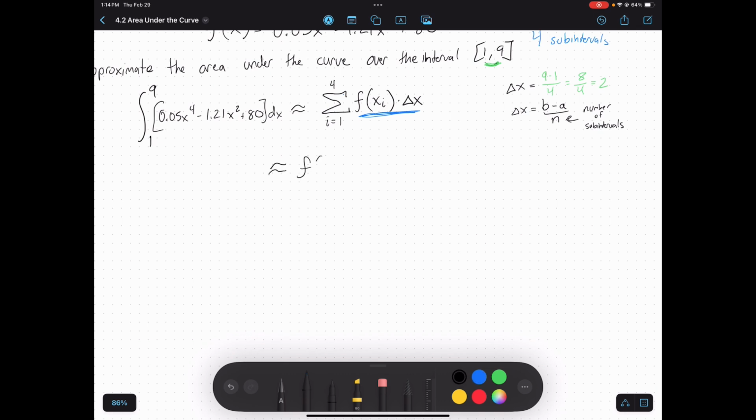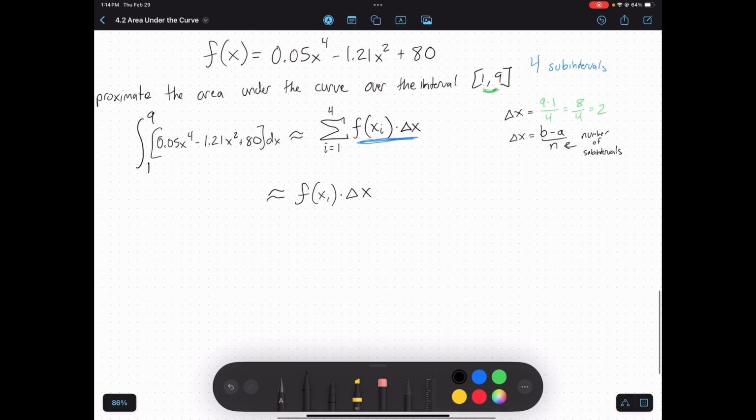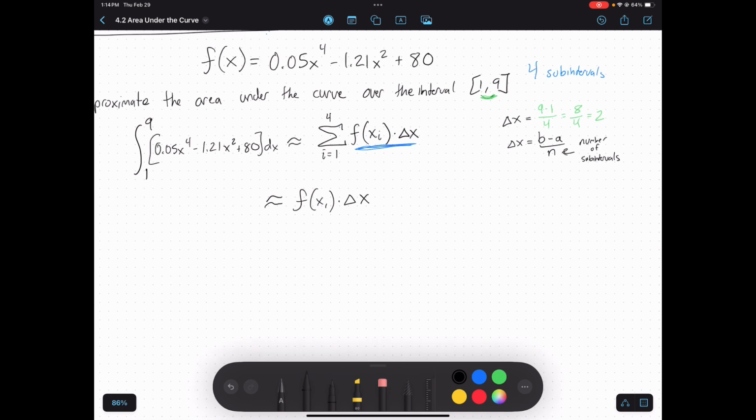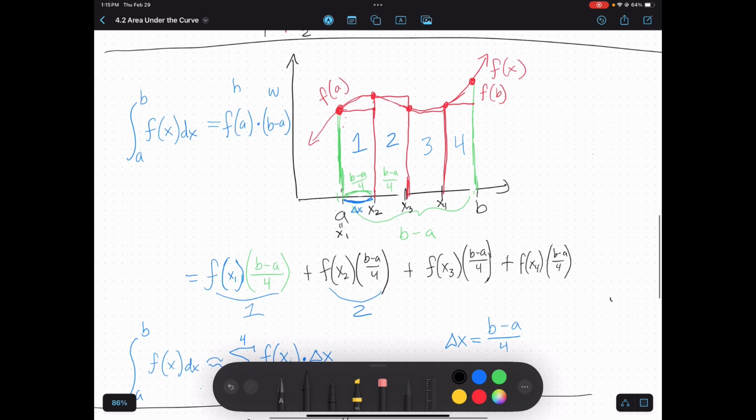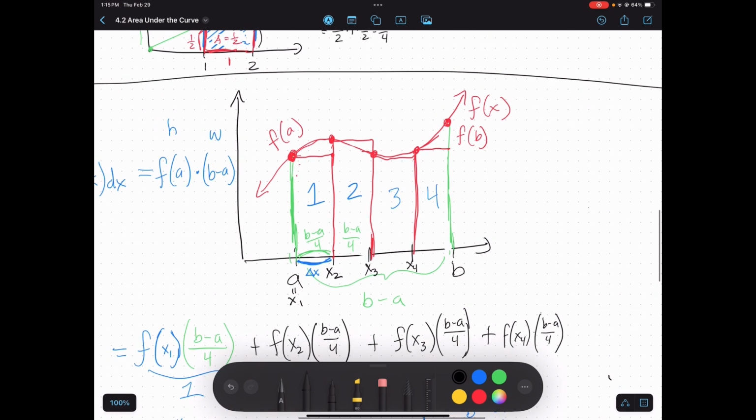So my first term is f of x1 times delta x. What's x1 in this case? You'll notice that the problem says use the left endpoint. If I go back to my picture up here, when I made this rectangle, notice which side of the rectangle corresponded to the actual function value.